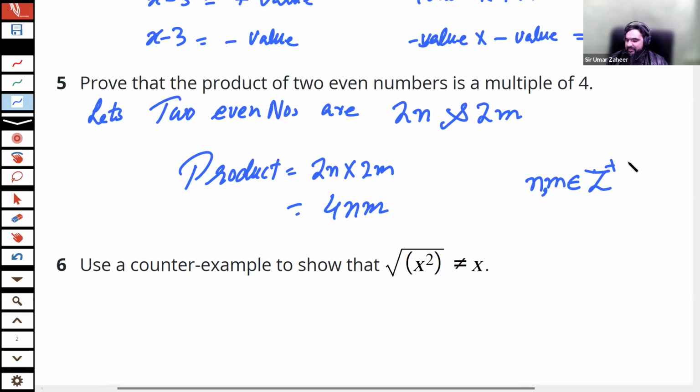So obviously if you multiply them, you will get 4 multiplied by something. So this means that it is a multiple of 4.